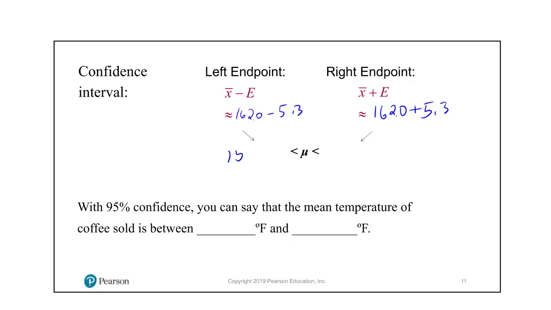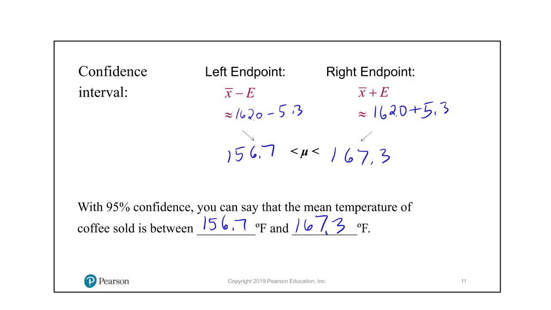So that would give us 156.7 on the lower end and 167.3 on the upper end. And so with 95% confidence, we can say the mean temperature of coffee sold is between 156.7 and 167.3 degrees.